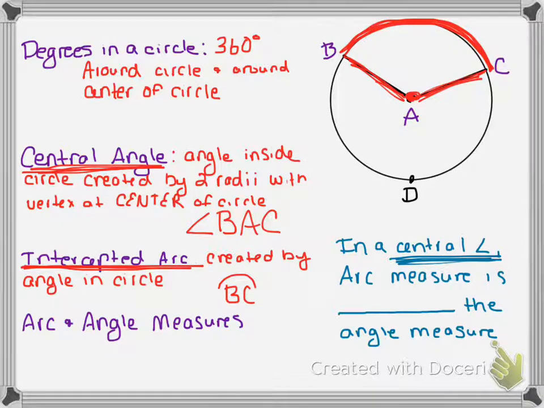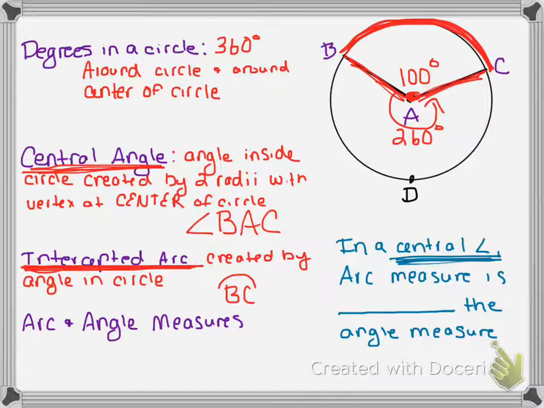So you're going to be given measurements here, all right? You might be given that we know that angle BAC is 100 degrees, okay? Now we know that the angle measure all the way around here has to be 360, so if that is 100 degrees, then this out here has to be 260 degrees. So we now have two angles in this circle, and they add up to be 360 degrees. Now, the intercepted arc has a measurement as well.